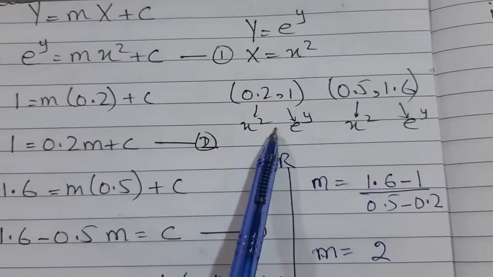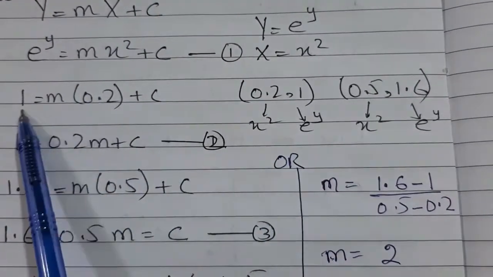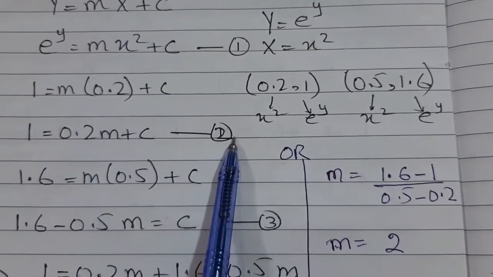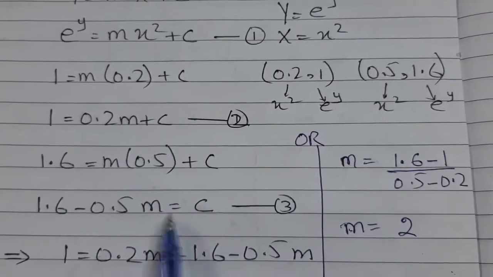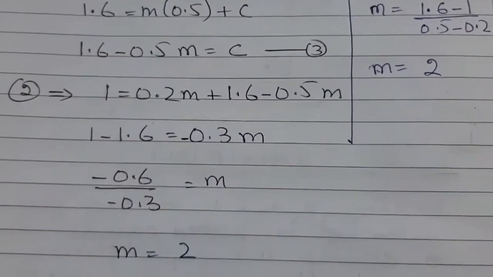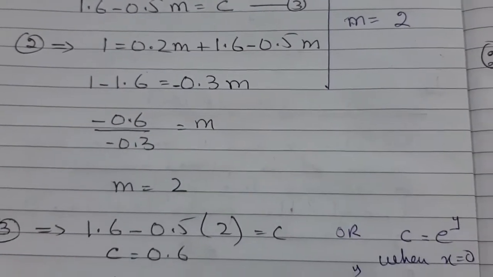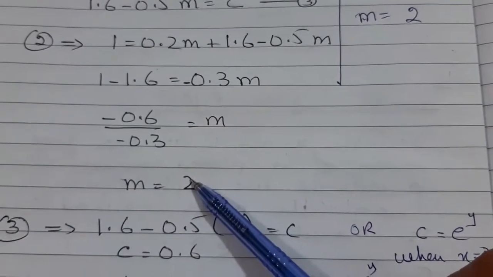And how do I get this information? From the graph only, okay? So I'm substituting the point and making one equation. Then I'm substituting this point and making another equation and solving simultaneously to get the value of m and c. Okay, can you see I got the value of m and c?